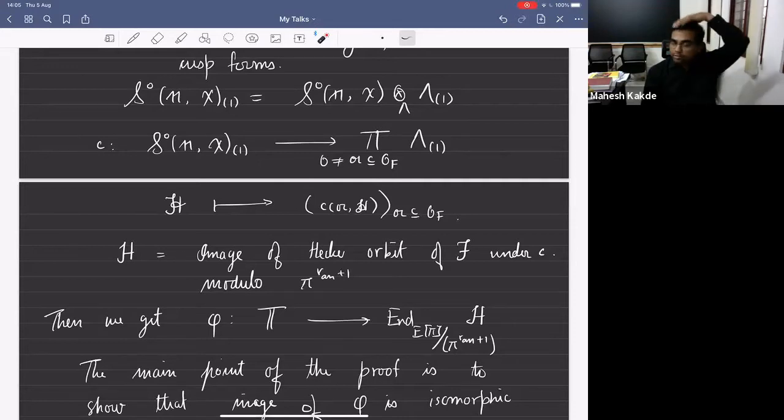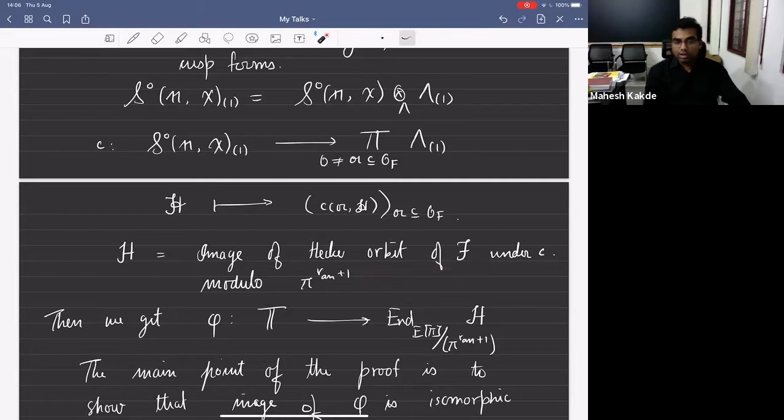Whereas if I want Galois representations, if I want to relate it to arithmetic theory in a nice way, I want Hecke eigenforms. So what you do, instead of trying to modify it to get a Hecke eigenform, you basically look at the Hecke orbit of F and then take all the eigenforms in that. So that's what we are doing here.